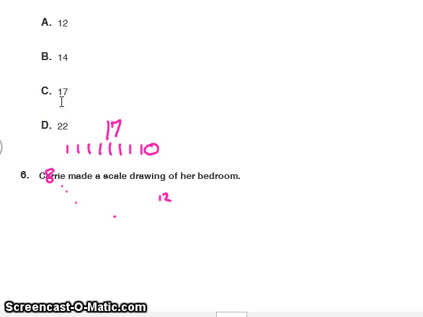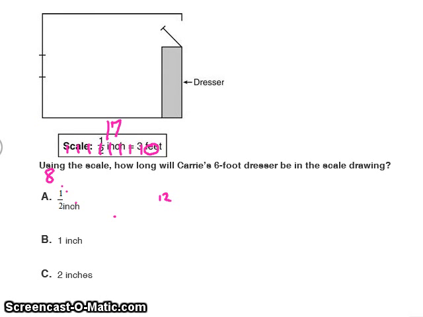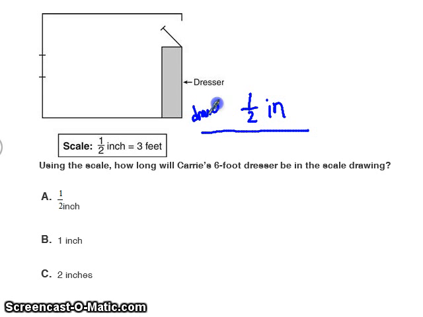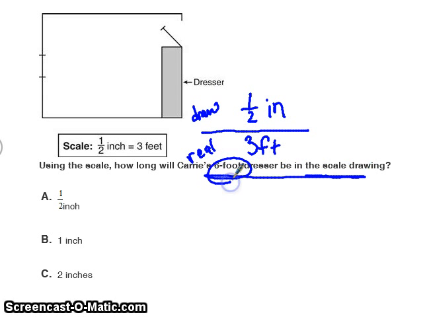Number 6, Carrie made a scale drawing of her bedroom. So using the scale, how long will Carrie's 6-foot dresser be in the scale drawing if 1/2 inch is 3 feet here? So 1/2 inch is the drawing. In reality, it is 3 feet. We're looking at a dresser that is 6 foot.